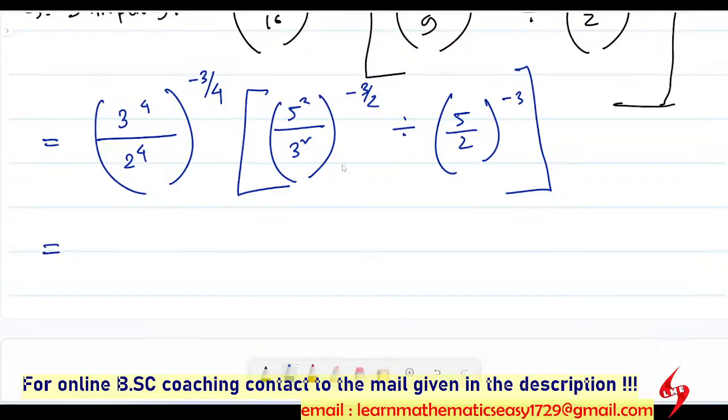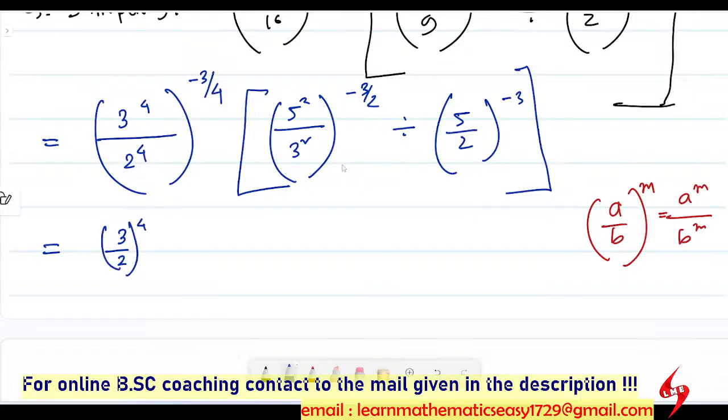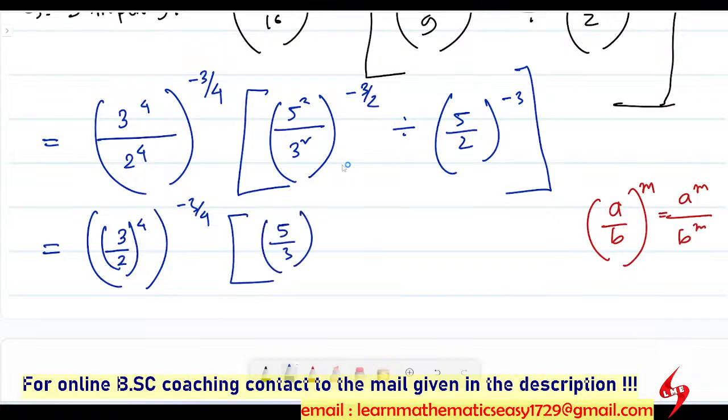We all know that a by b whole to the power m is a to the power m by b to the power m. So we can take the common as the power. So here I am writing 3 by 2 whole to the power 4, that is minus 3 by 4. Similarly, we can write 5 by 3 whole to the power 2, and the whole power is minus 3 by 2.